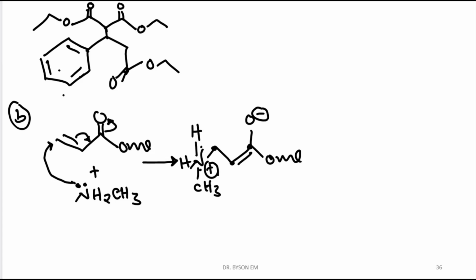But what will happen is that this double bond will come and this will reform here to form a double bond, and then this double bond will get this hydrogen here, and then these electrons will collapse on the nitrogen. So what it will form is this.